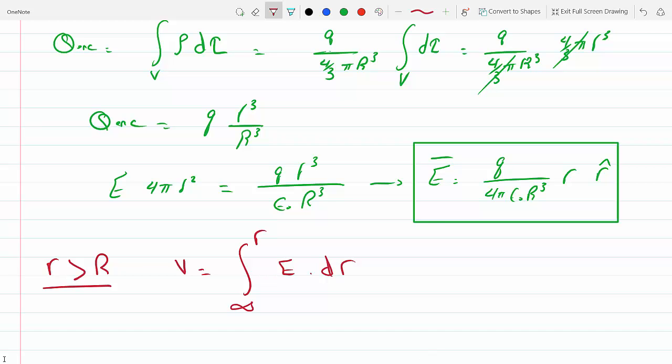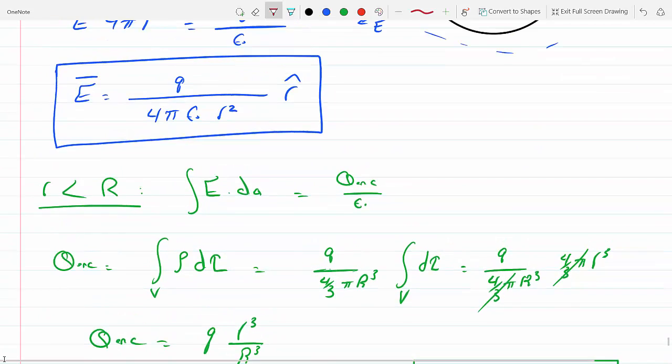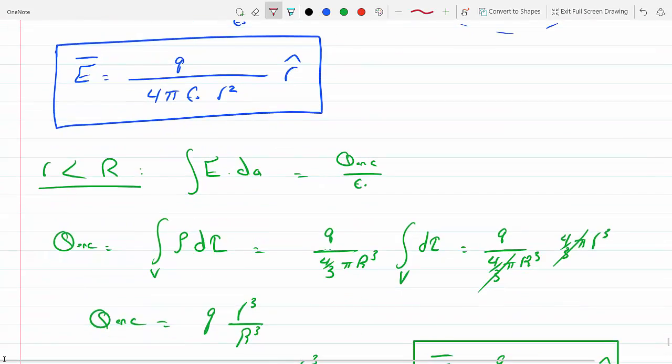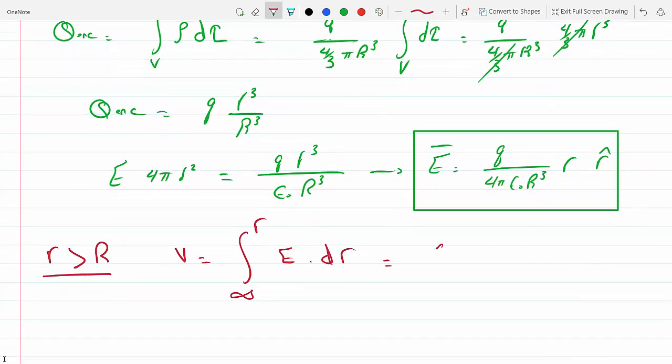So outside, the electric field was Q over 4 pi epsilon. In fact, wait a second, I don't really need this. I just need inside the sphere for the purposes of this question. So let's do it for r less than R. So this is from infinity to r.